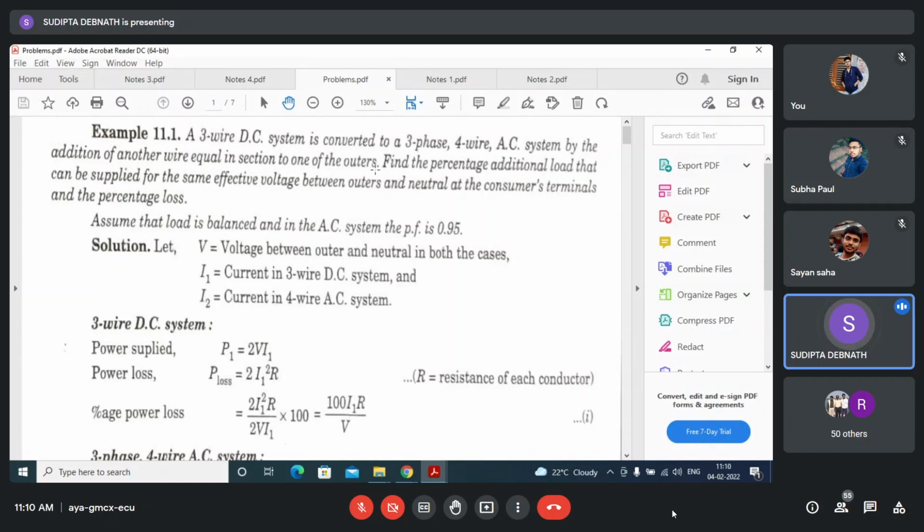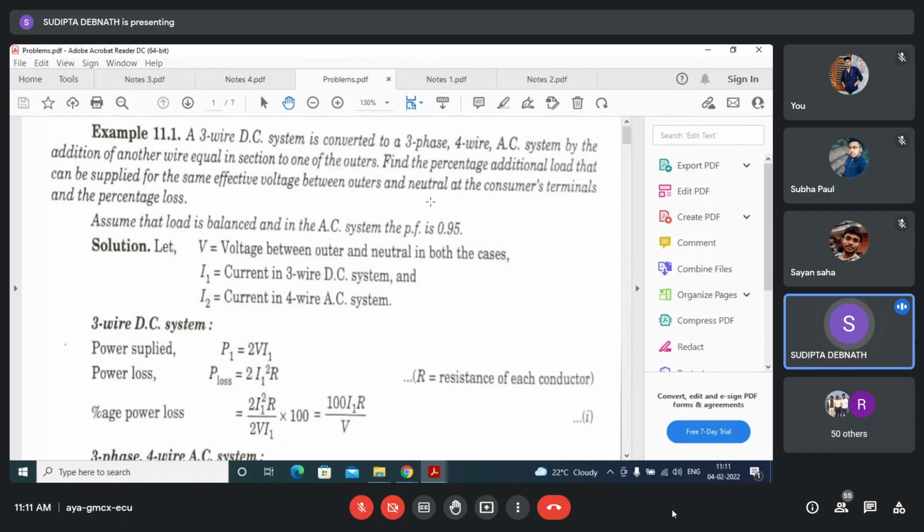Okay, by converting the DC system to an AC system, what additional power can be supplied? Load means power. This you have to find out. And some conditions are given. What are the conditions? First, the effective voltage between outer and neutral is the same.